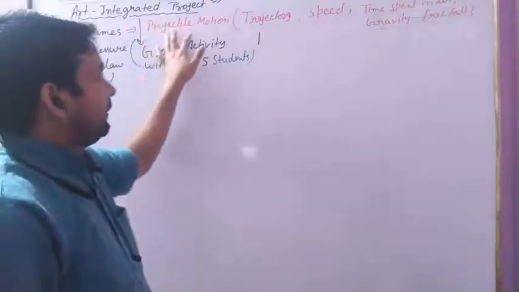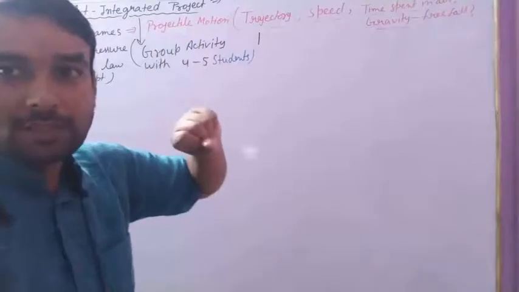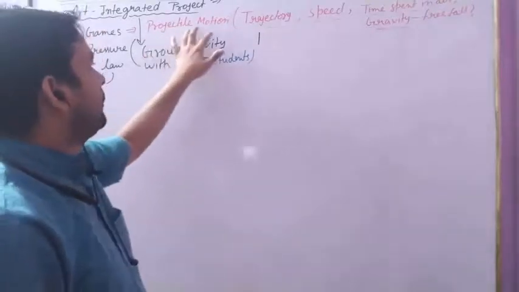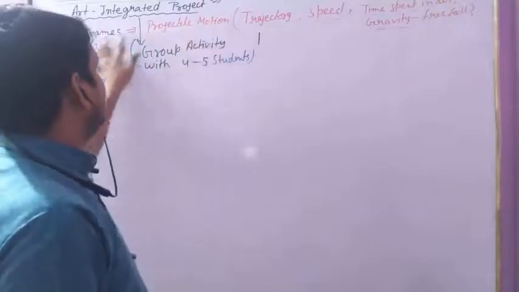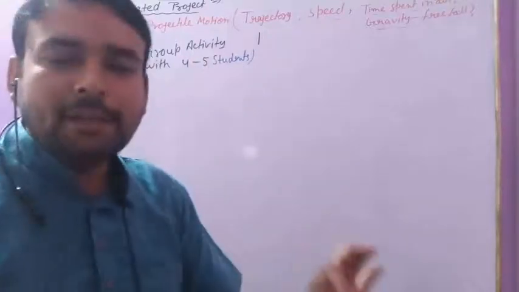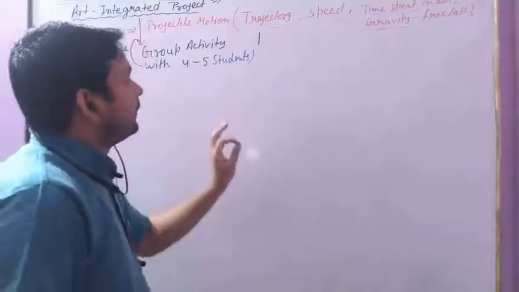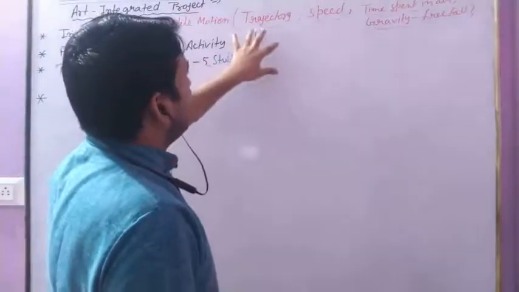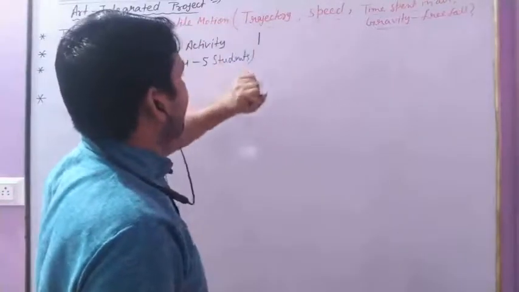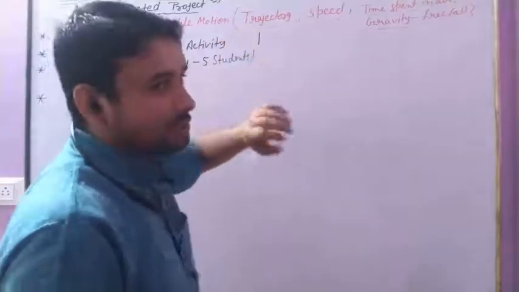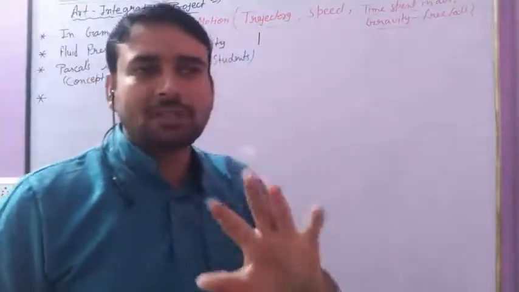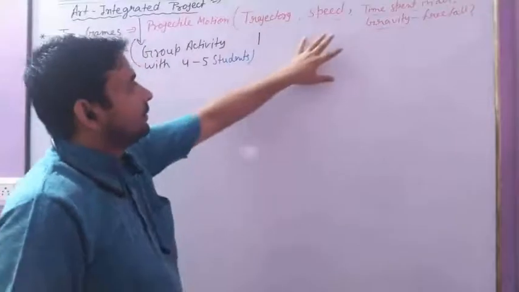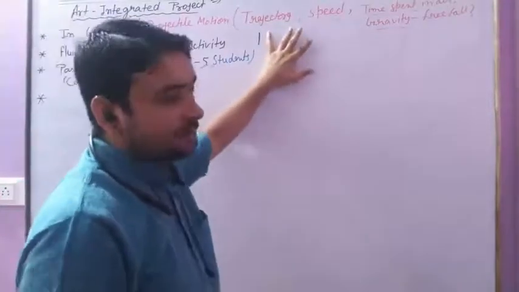So first I will explain how to make the art integrated project on the basis of projectile motion in any game which you want to use. Suppose in projectile motion you understand some important terms like trajectory.